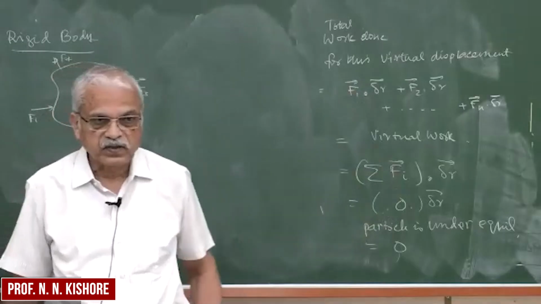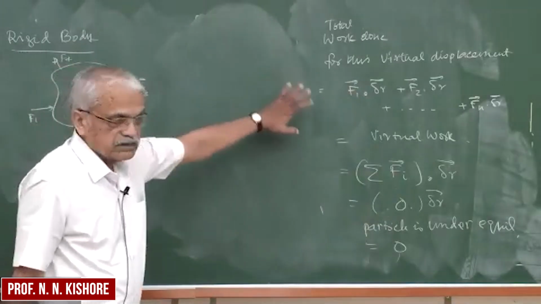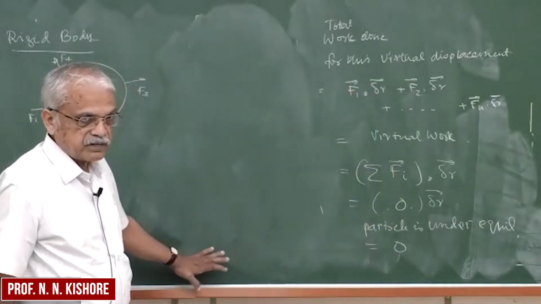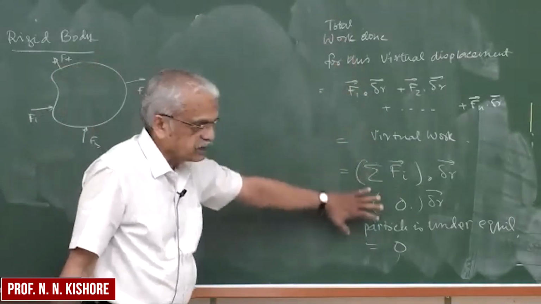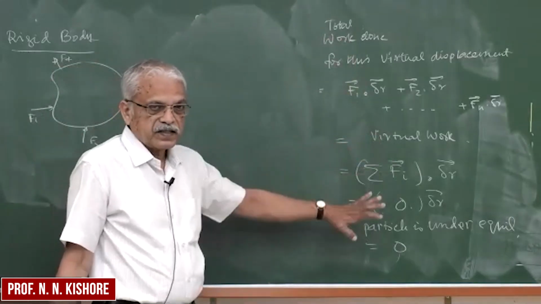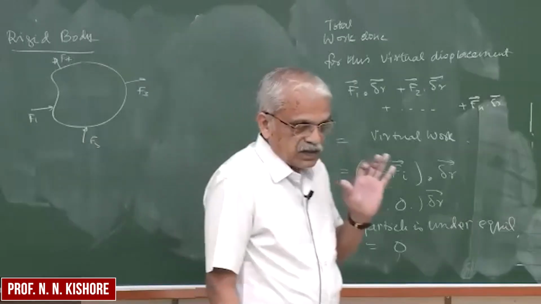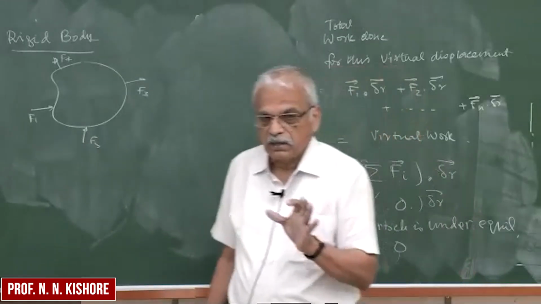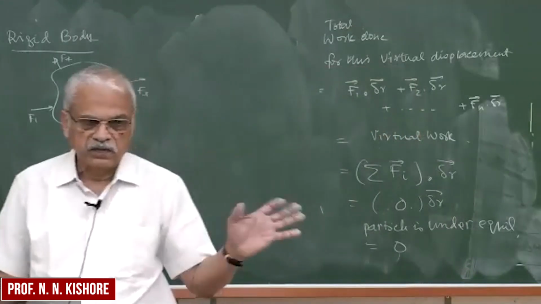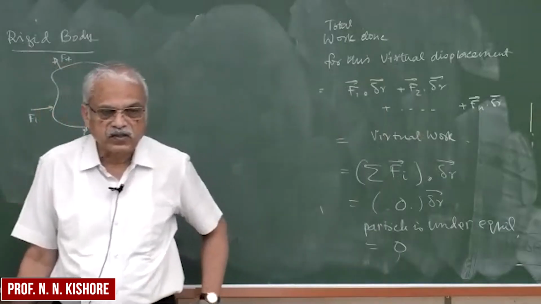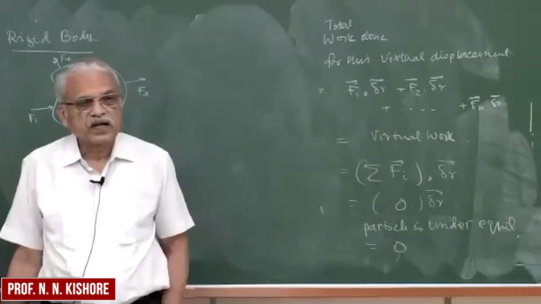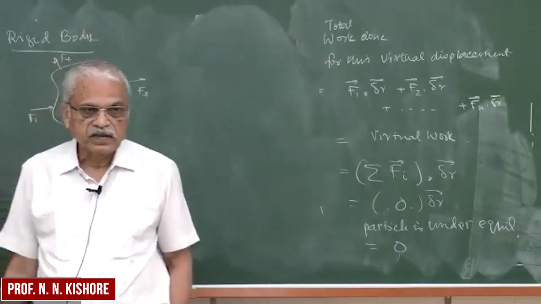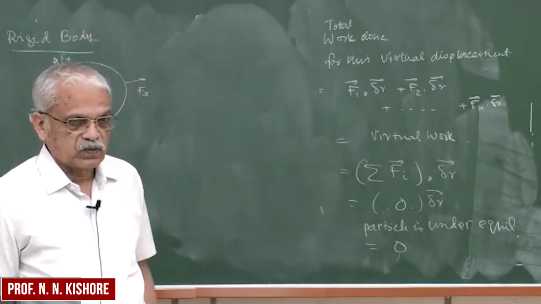Okay, so this is the principle of virtual work. I will state it a little bit later. However, the principle of virtual work says that if the virtual work done by any virtual displacement of a body under equilibrium, it will be 0.